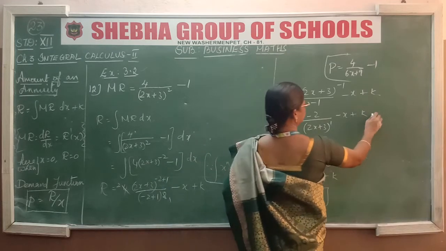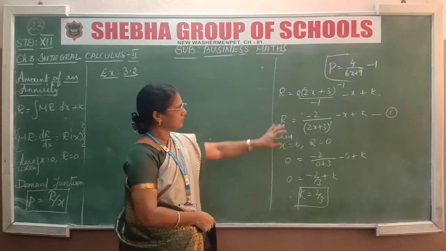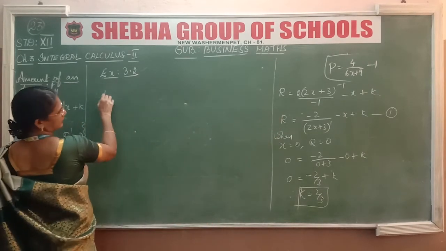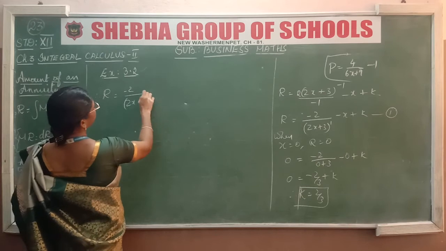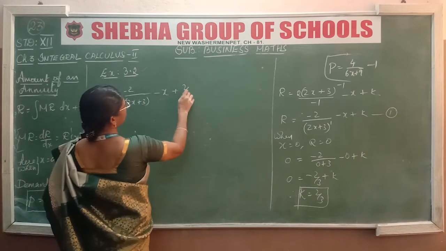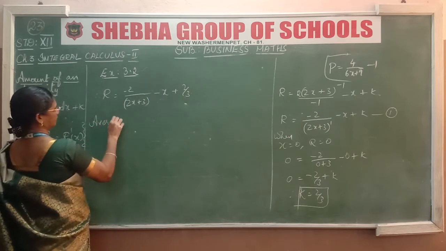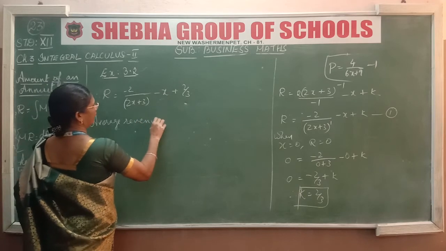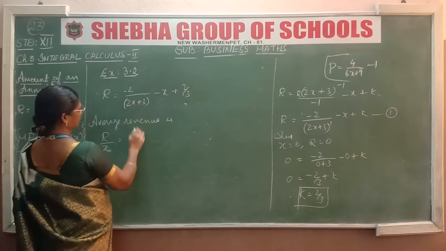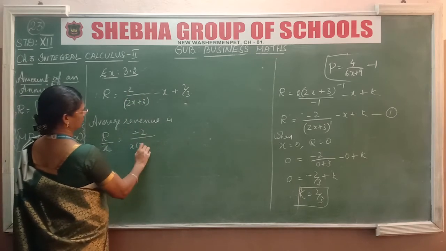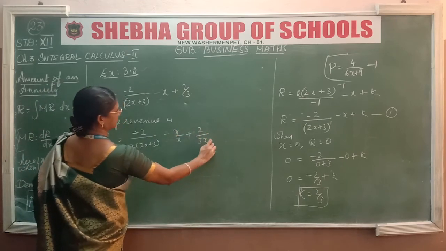So substituting this in the first equation, we get the revenue. Therefore R equals minus 2 by (2x plus 3) minus x plus 2 by 3. This is our R, and average revenue is R by x, that is equal to this divided by x: minus 2 by x into (2x plus 3), minus x by x, plus 2 by 3x.